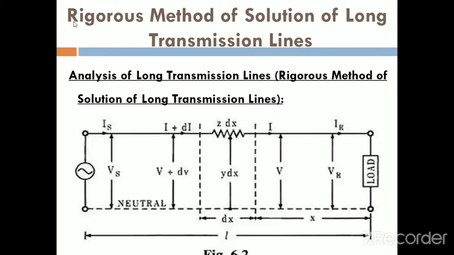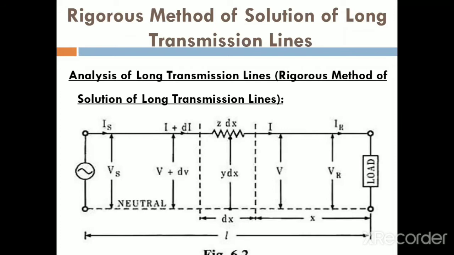Why are we using the rigorous method? In the case of a long transmission line, the elements are to be taken as uniformly distributed parameters. For uniformly distributed parameters, calculating the performance of each and every element separately is a very difficult process.